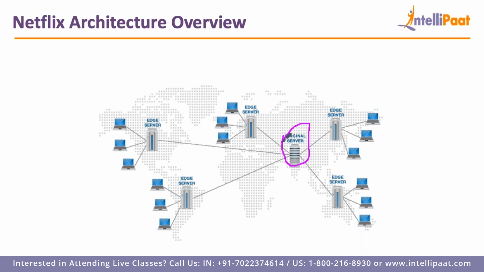These are very big companies who can afford this kind of infrastructure. They've made available a service called a content delivery network to the general public, so that people like you and me can deploy our content over there, and they will make it available to the rest of the world.